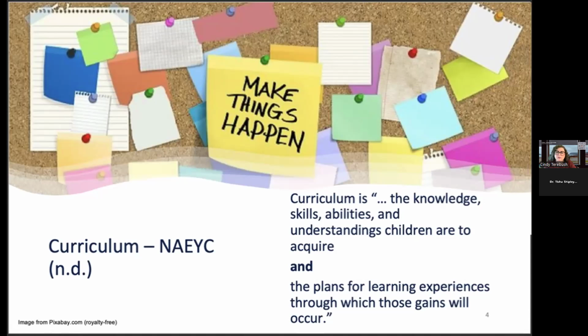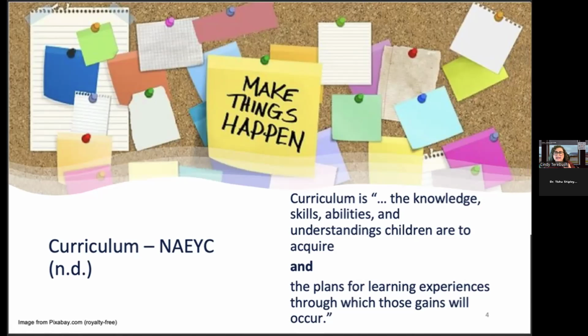It's where we want to take the children to. What skills would we like them to acquire? And then after the "and," it says the plans for learning experiences through which those gains will occur. So it's not enough to only know the objectives and goals in a curriculum. We have to figure out what path we are taking the children on.